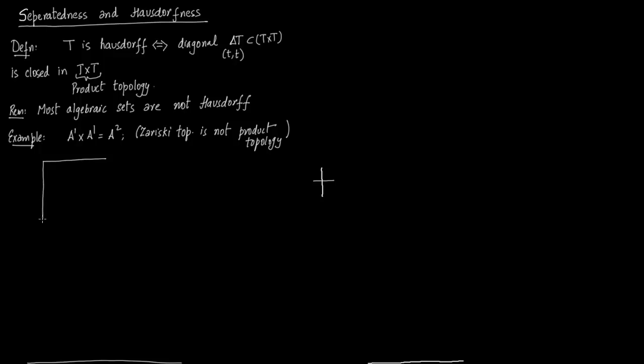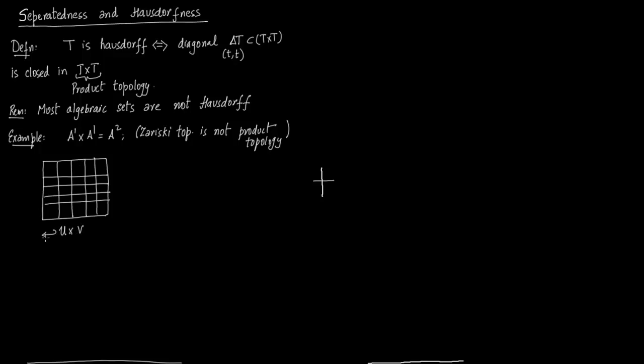The algebraic sets of A1 are the entire space A1, or finite sets, or the empty set. So A1 times A1 will be made up of vertical lines and horizontal lines and a bunch of finite sets. There is no other option, because A1 as an algebraic set consists of either a finite number of points, the entire space, or the null set.